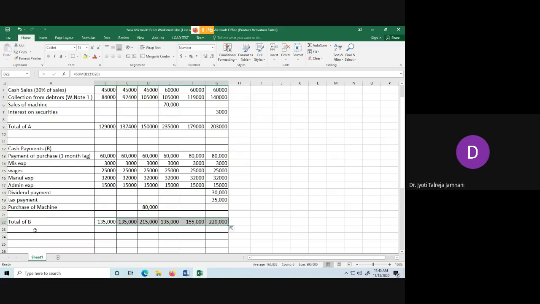So these are the receipts and payments. Now we can write surplus or deficit, which is nothing but the receipts A minus the payments B. So we'll find the surplus or deficit equal to receipts minus payments.